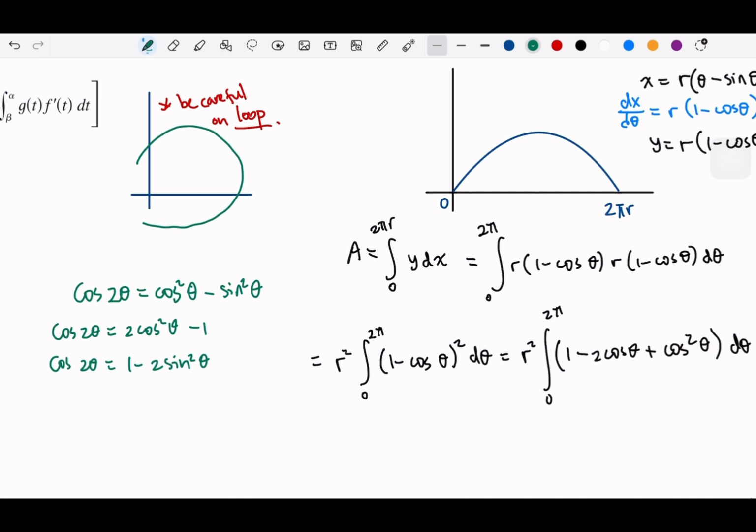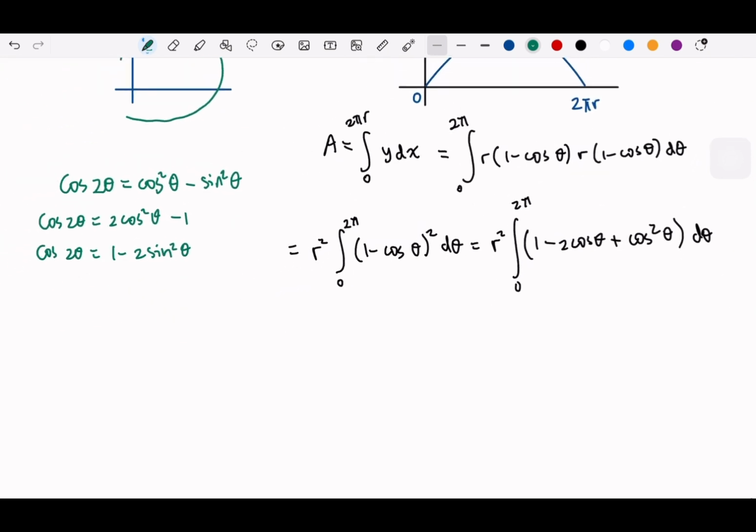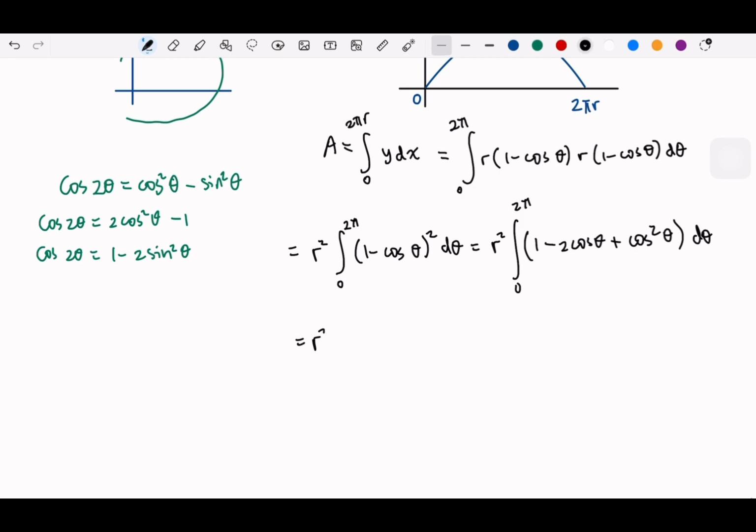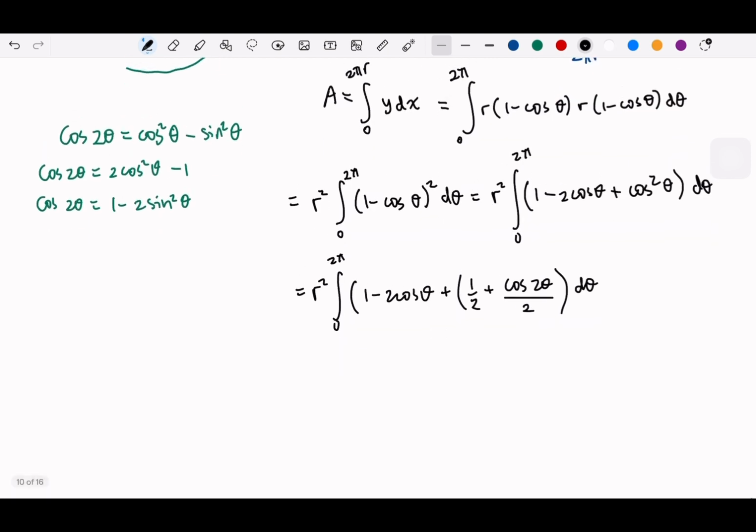Okay, now change this part. So r squared, we still write this. Now cosine squared will be half plus cosine 2 theta over 2, okay, changing from the double angle formula. So let me write here 3 over 2.